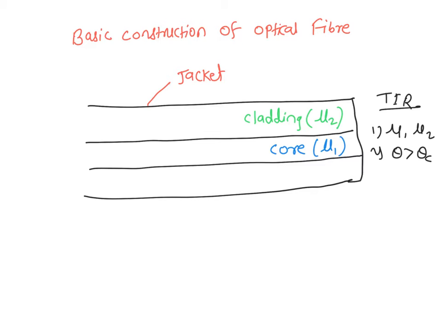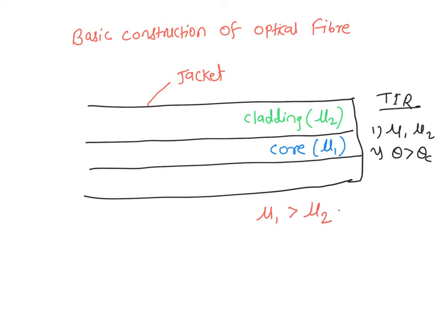Now, as we know, for TIR this core has to be denser as compared to the cladding. Then and only then will total internal reflection happen. So here we say that mu1, the refractive index of the core, is greater than mu2.